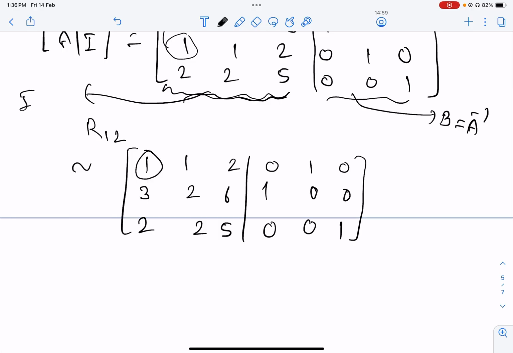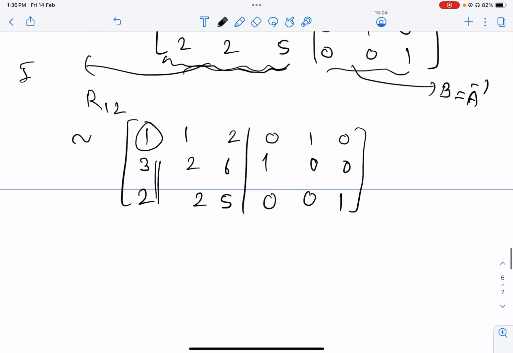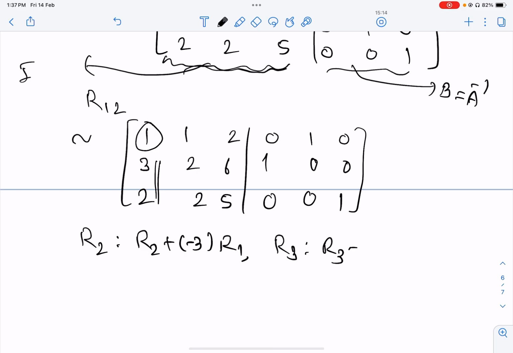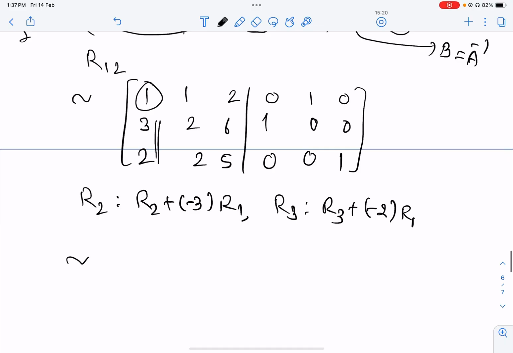Now we have 1 here, so we can make these two entries 0. R2 plus minus 3 times R1 and R3 plus minus 2 times R1. So here we multiply by minus 3 and add to the entries.